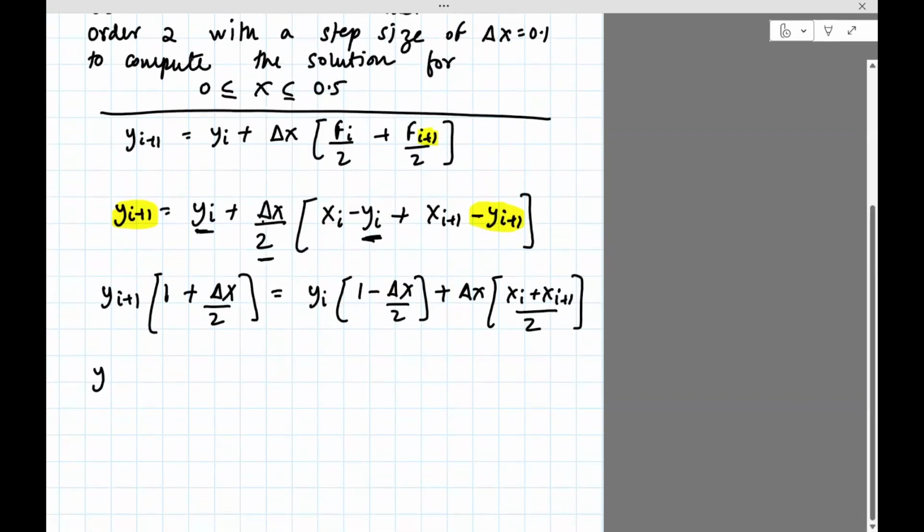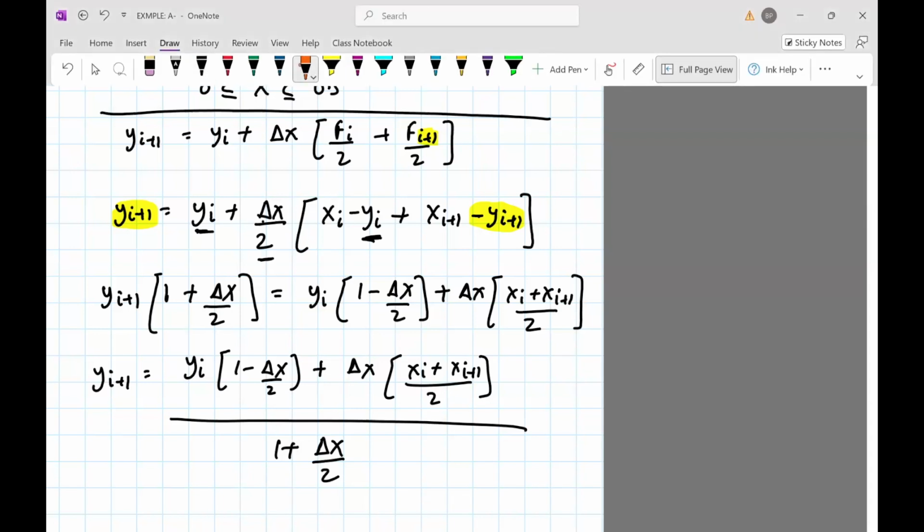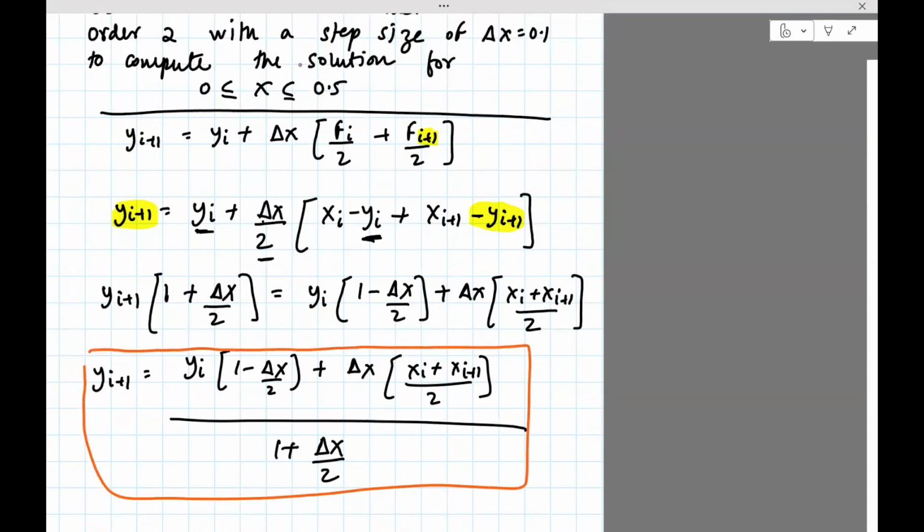So our formula is y_{i+1} equals y_i (1 minus delta x divided by 2) plus delta x (x_i plus x_{i+1}) divided by 2, divided by 1 plus delta x by 2. All we have to do now is use this formula. We actually developed a closed form solution, which happens only in special cases. This is a particular example where you can develop the formula, but in general, you cannot get a formula like this. So now we can apply the formula.